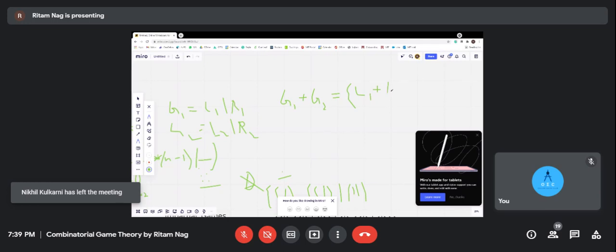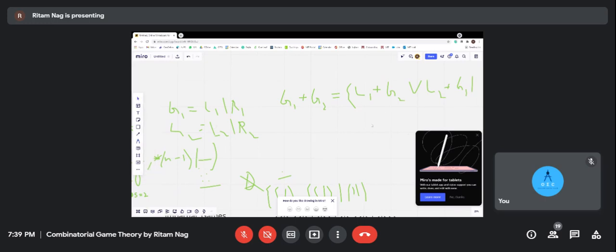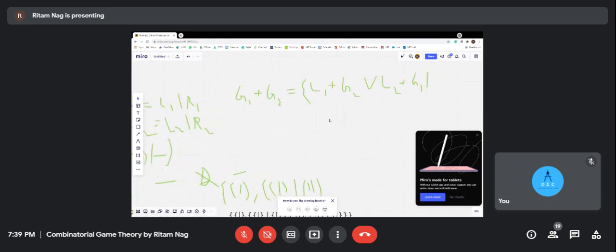This will be L1 plus G2, where the sum is done on every pair, union L2 plus G1, and similarly for the right. Does everyone see why this is the case from the definition of sum that we were using?